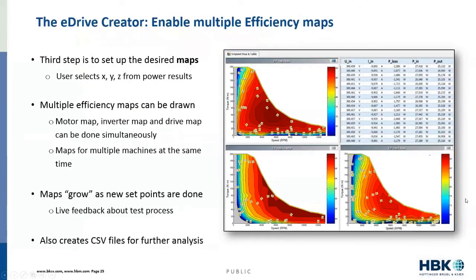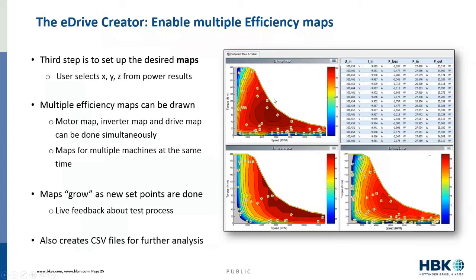Once you have your system set up, you can also enable efficiency maps. And so you can select over which pieces of your measurement chain you would like to see those maps. And you're able to view multiple maps at each time, simultaneously. So what this example shows is an efficiency map for the motor, an efficiency map for the inverter, and an efficiency map for the entire drive.